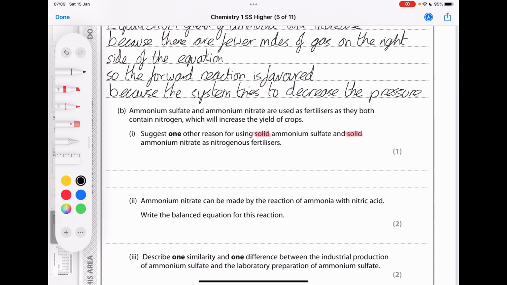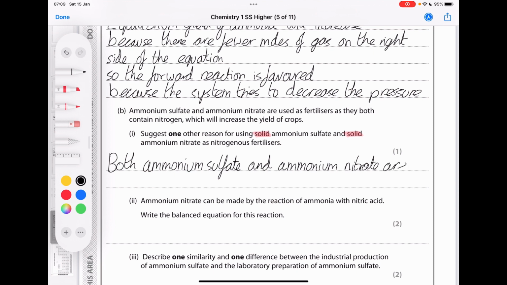The best answer here is that ammonium salts are always soluble, and therefore both ammonium sulfate and ammonium nitrate are soluble, and that's really all you need for the mark, but it'd be better to add the explanation.